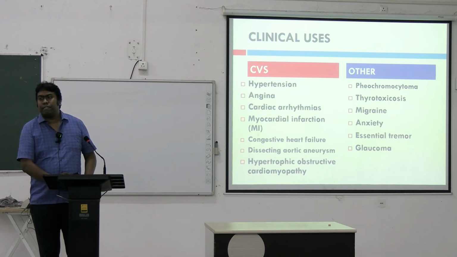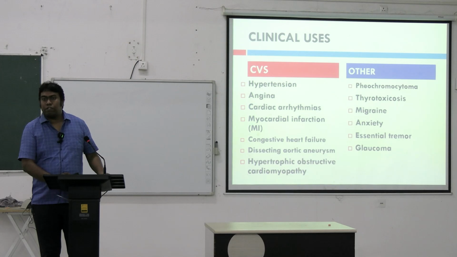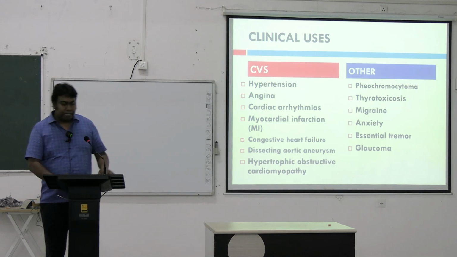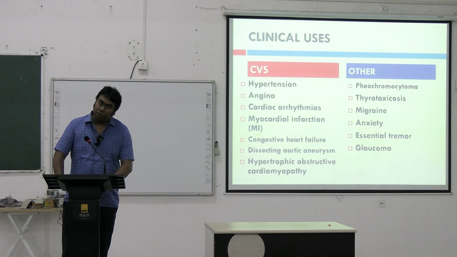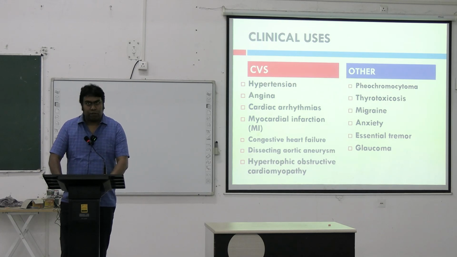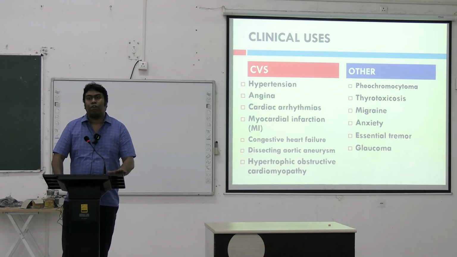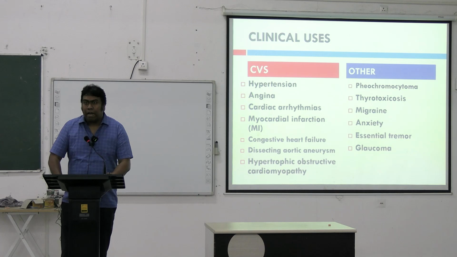Phenoxybenzamine, what is it? It is a non-selective, non-equilibrium type of non-selective alpha blocker. Its first use is pheochromocytoma. Pheochromocytoma is a tumor of the adrenal gland where there is an excess secretion of adrenaline and noradrenaline.